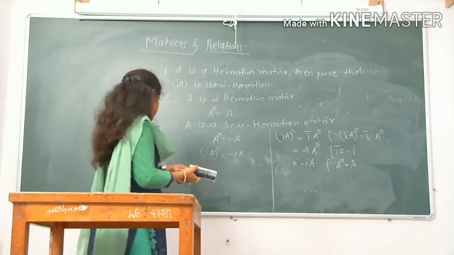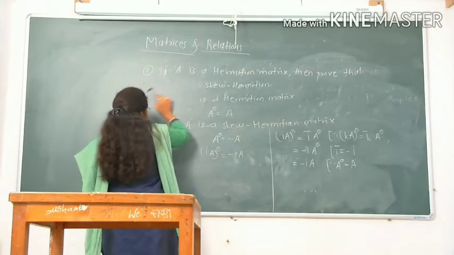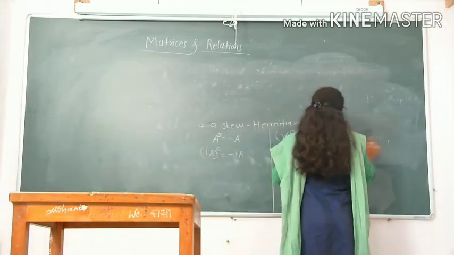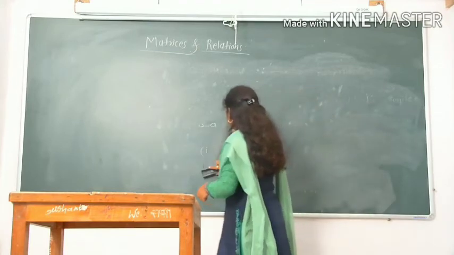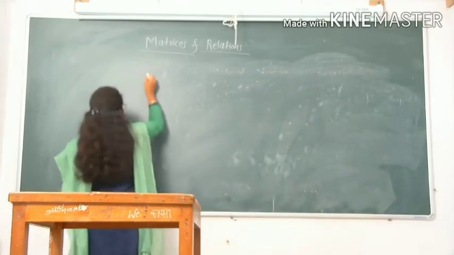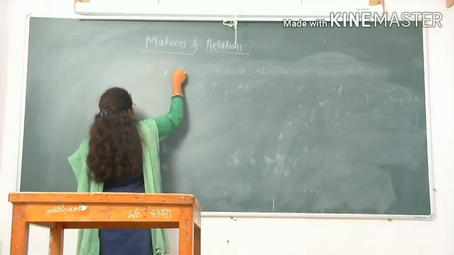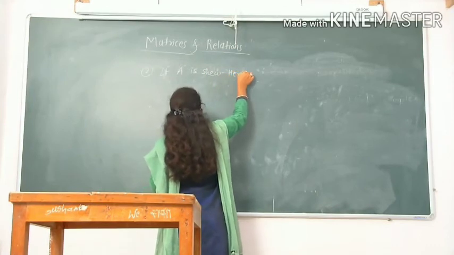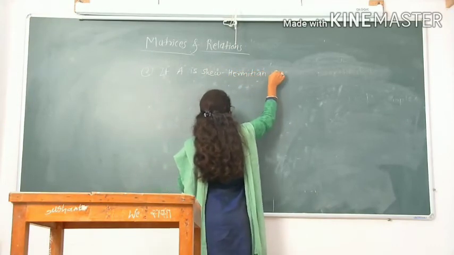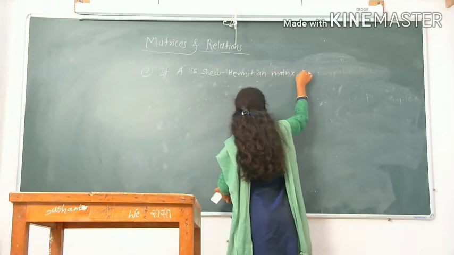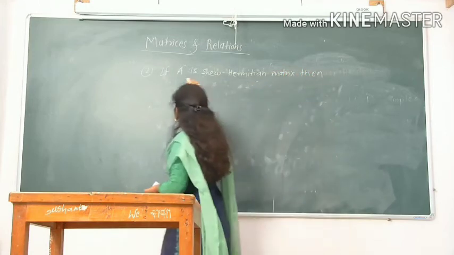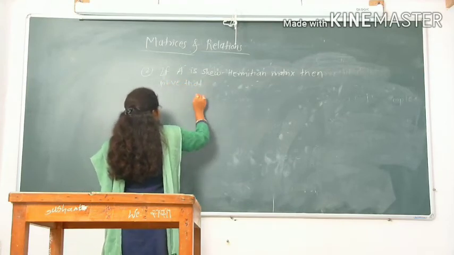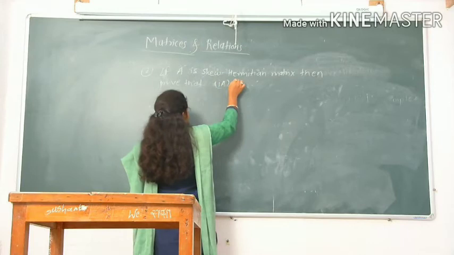Let us see another example. If A is a skew Hermitian matrix, then prove that iA is Hermitian.